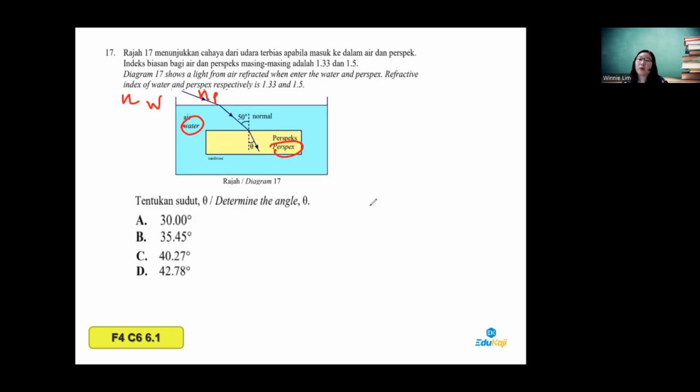And if you all remember what you learned in Snell's law, the formula involved is n1 sine theta 1 equals n2 sine theta 2. So assuming everything in air is 1, therefore the refractive index for water will be n1. Then this 50 is theta 1.